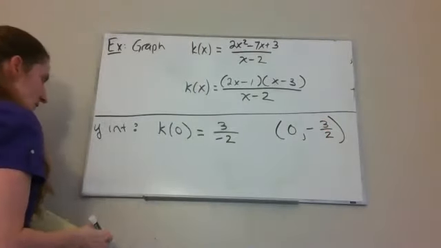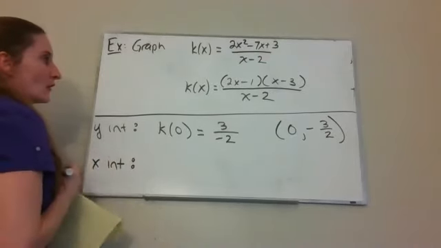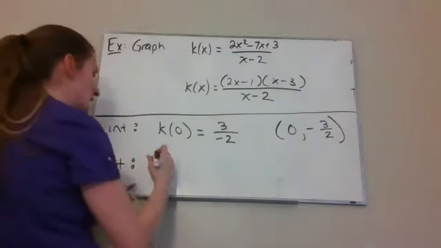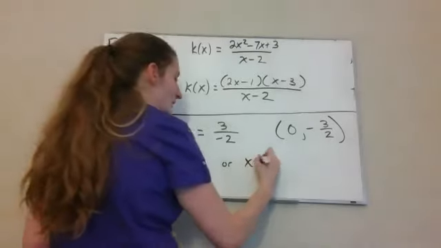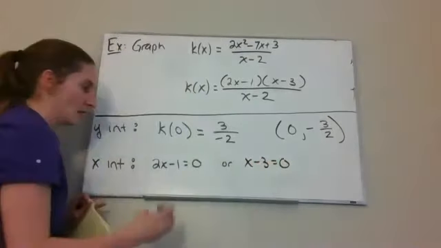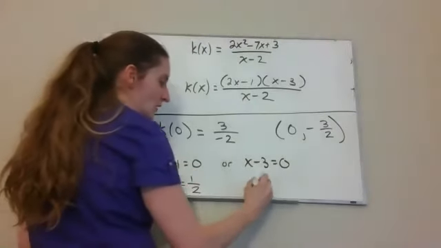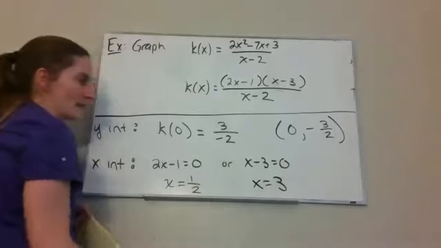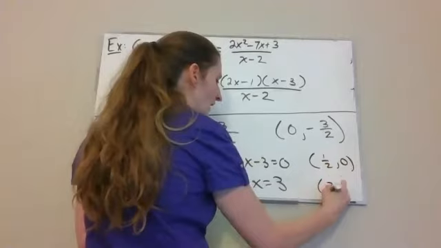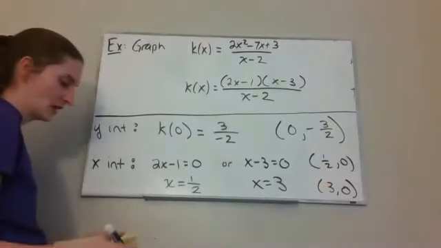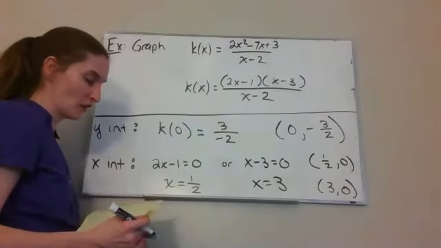Now my x-intercepts are where my numerator equals 0, but the denominator does not. I don't have common factors, so I can just set each piece of the numerator equal to 0 and solve. I get x equals 1 over 2 and x equals 3. So my x-intercepts are 1/2, 0, and 3, 0. So I have 2 x-intercepts, 1 y-intercept, and none of them match each other this time.